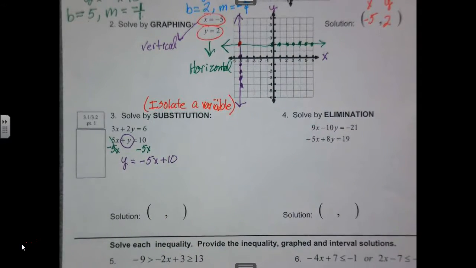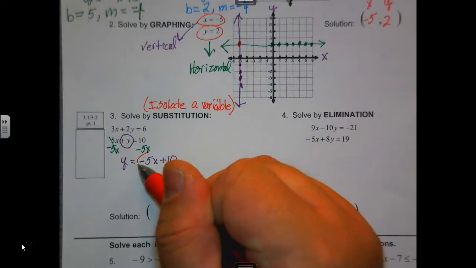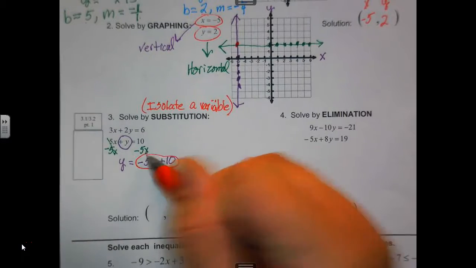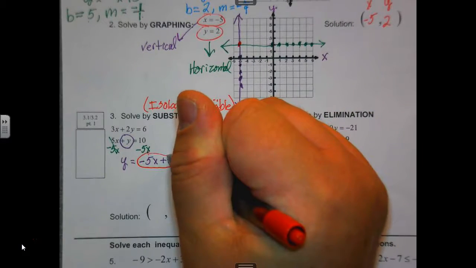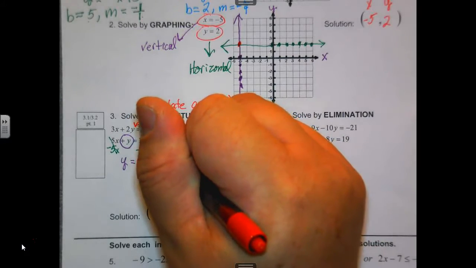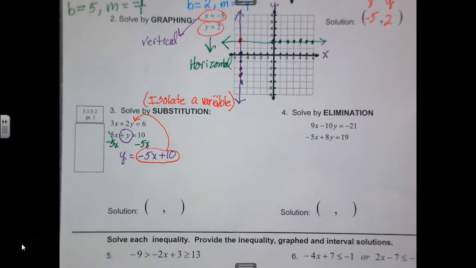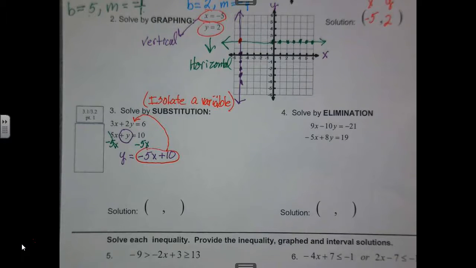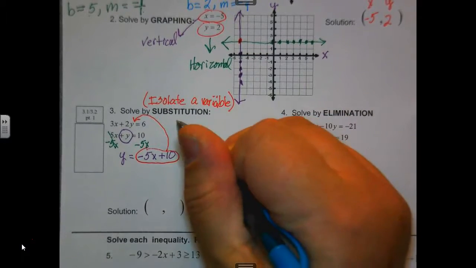So now I have y by itself. So I know y equals this. I'm going to go back into the other equation and substitute, hence the name substitution, substitute it into the other equation where y is. So everything else stays the same.